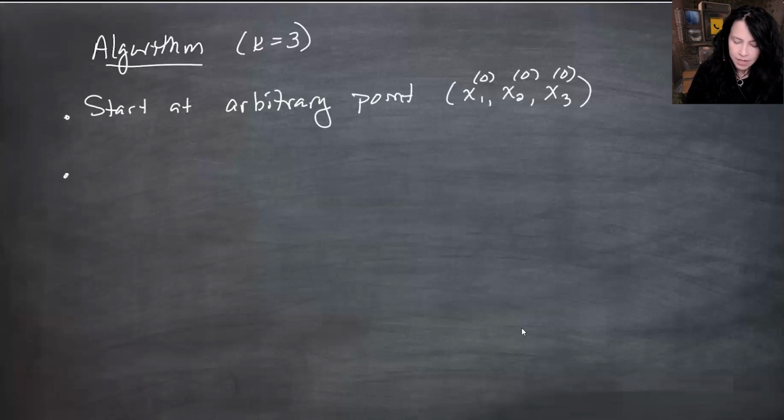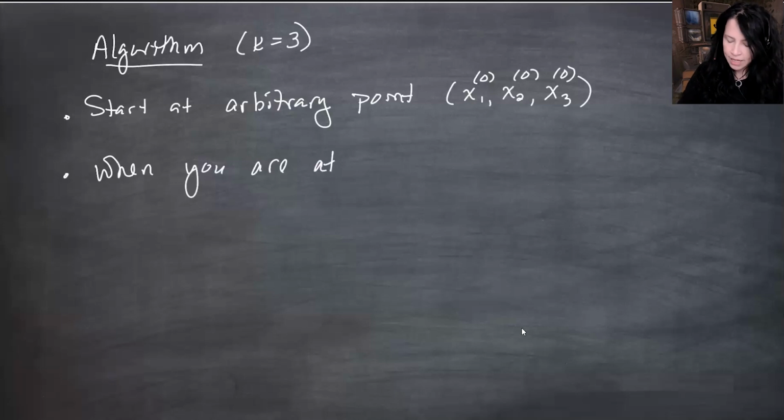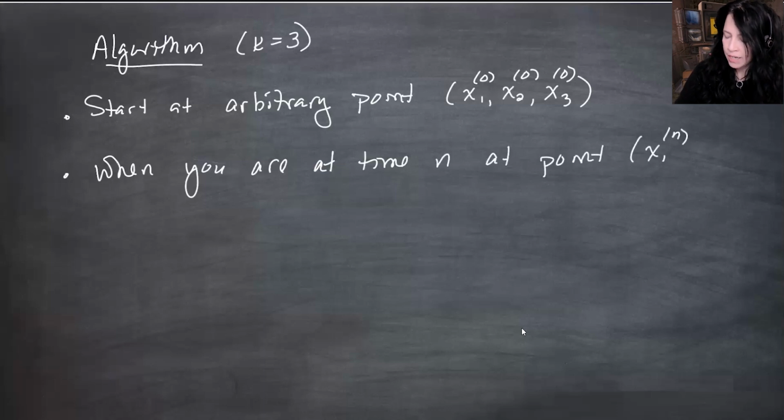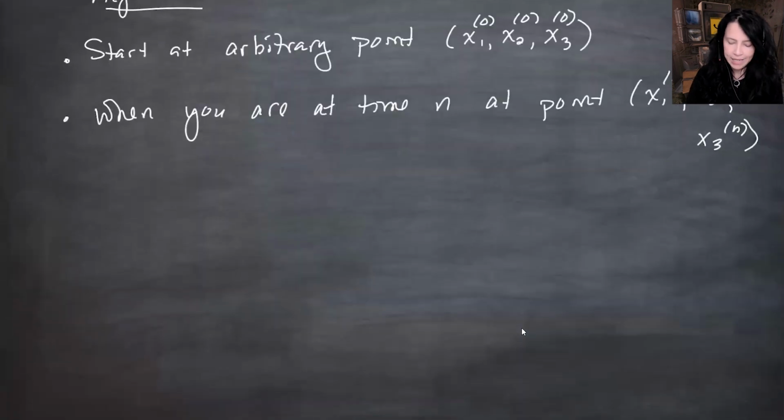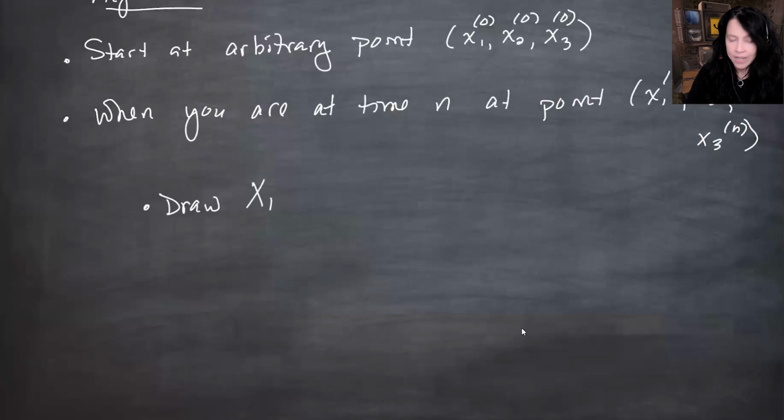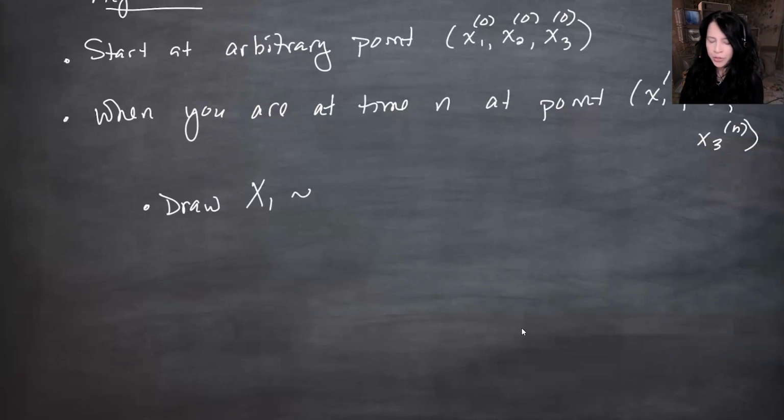And then when you are at time n, because I'm just going to describe this in a recursive way, time n at point x1 super n, x2 super n, x3 super n, here's how you proceed. Number 1, you draw an x1 from, and now I'm using this kind of notation again, where the arguments are describing the distribution.